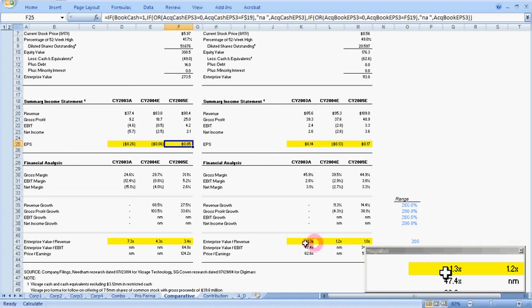In other words, Digimarc was only slightly lower for its enterprise value to revenue, while for Visage, on it acquiring beforehand, it was a lot. The enterprise value was going down at a more rapid pace.